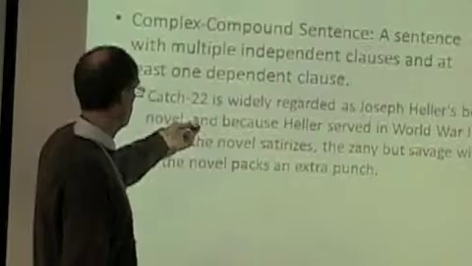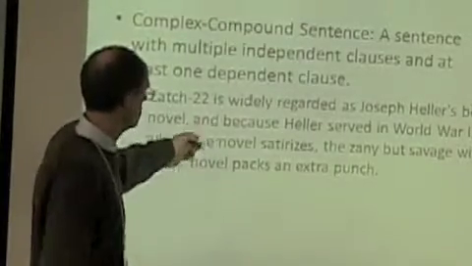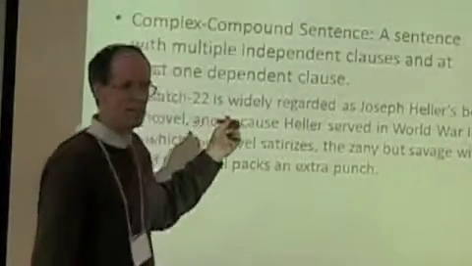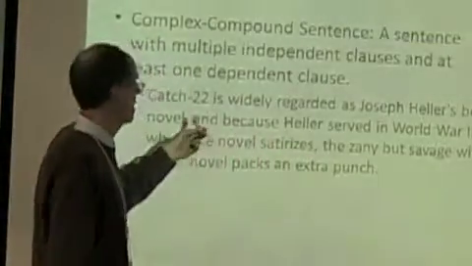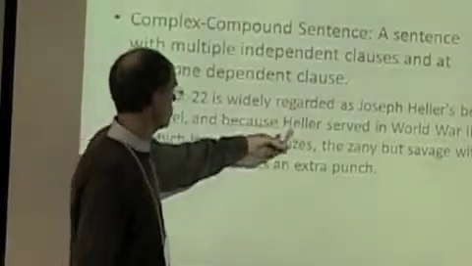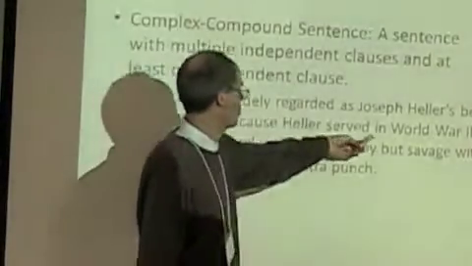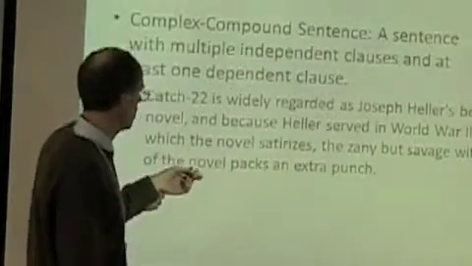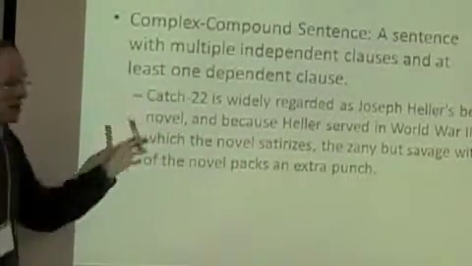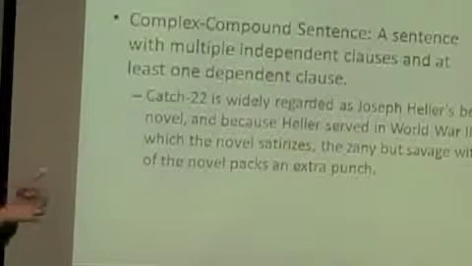That could be, period, an independent clause. And you already know what that "and" is called technically? Coordinating conjunction. Okay, thank you, yes. And "because Heller served in World War II," that can't stand on its own, "which the novel satirizes, the zany but savage wit of the novel packs an extra punch." So you can see that's a neat sentence. It's a complex compound sentence.